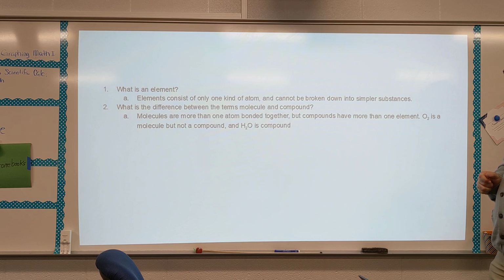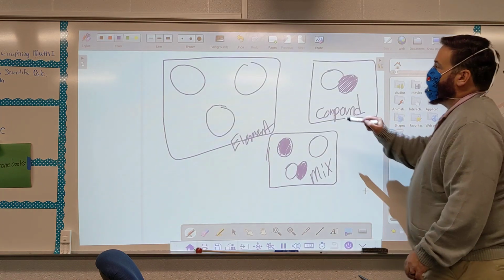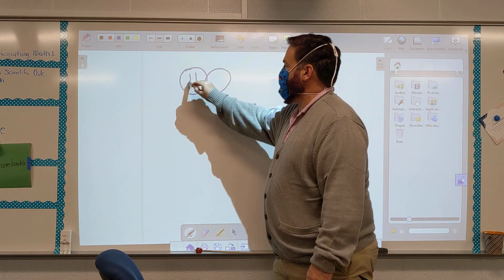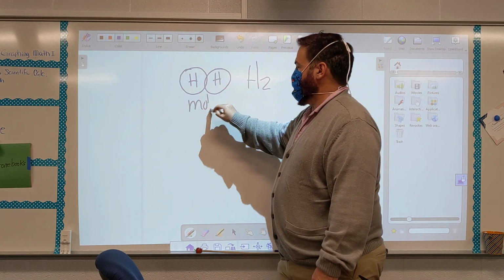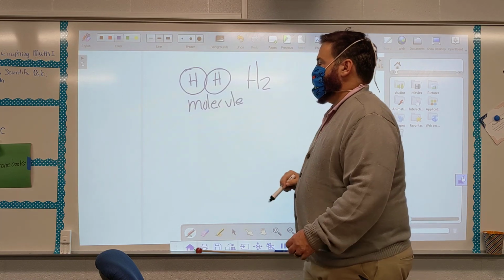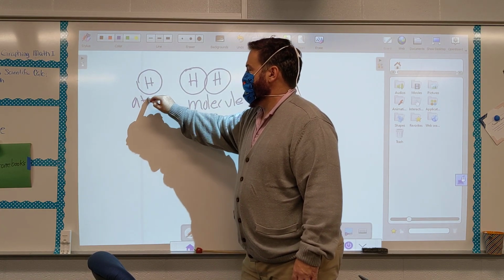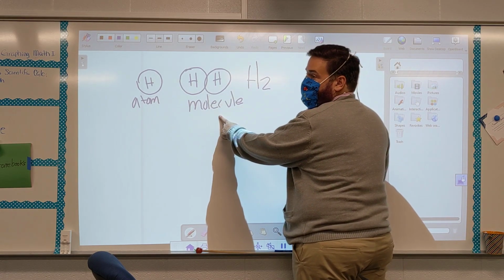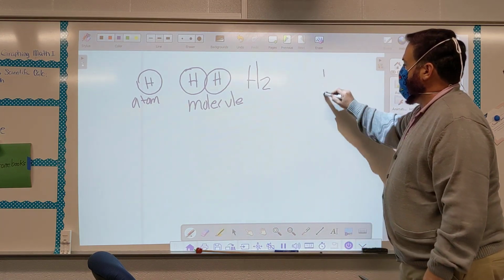Wait, so, like that example, because it's the same element, that would make it a molecule and not a compound? So, for example, if you have hydrogen and hydrogen, that's H2. This is a molecule of hydrogen, but this would be an atom of hydrogen. So because it's the same element put together, that's making it a molecule, but not a compound, because it's not 2 different elements.